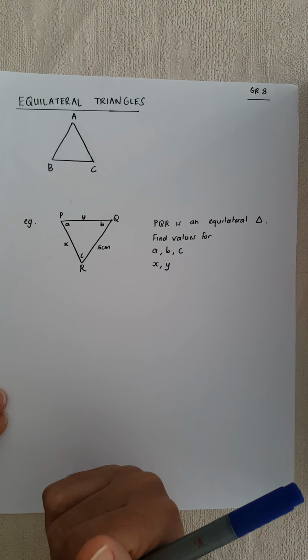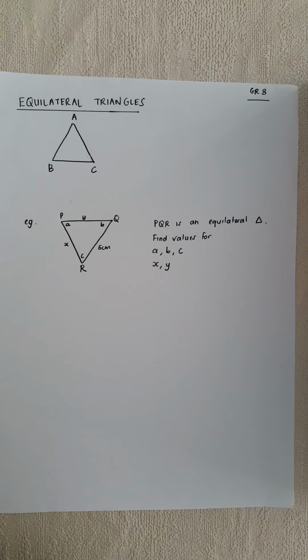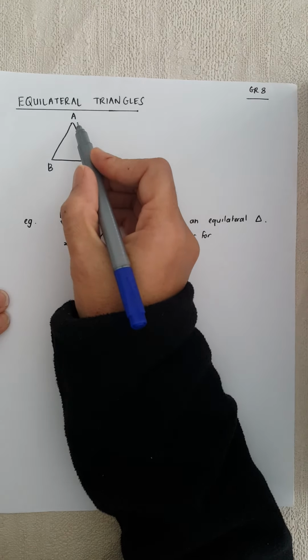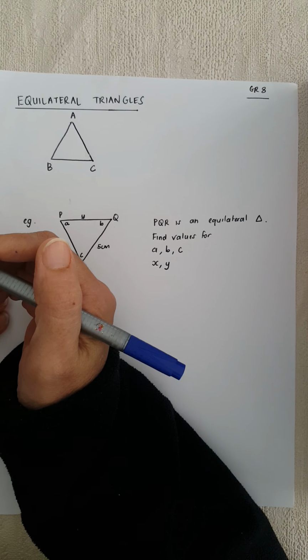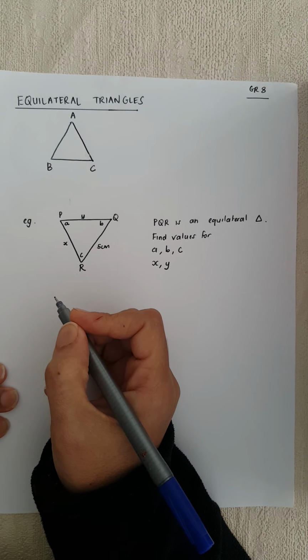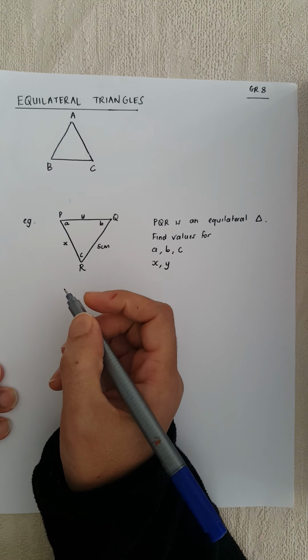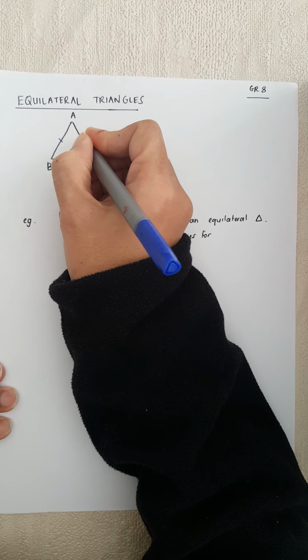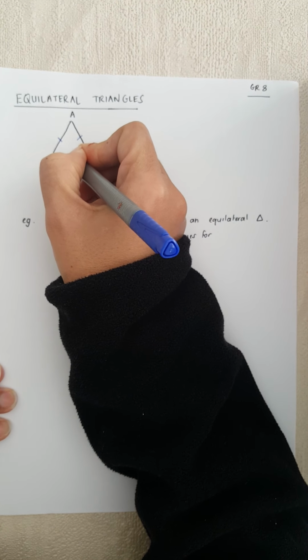Okay, now grade 8, we're moving on to equilateral triangles. So when we see an equilateral triangle, if I say that ABC is an equilateral triangle, there are a lot of things that I can write down about triangle ABC. First of all, the sides are equal. So look, I'm putting a line here.